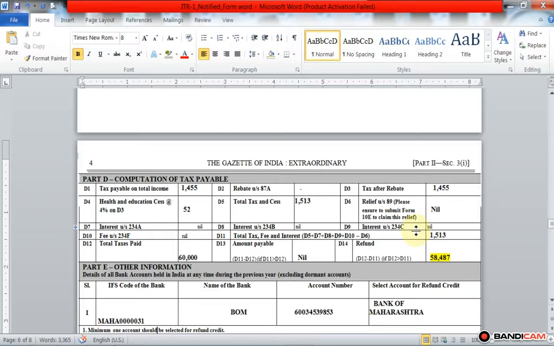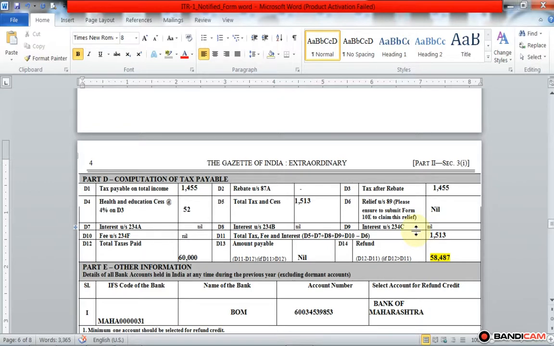Then tax paid by the SEC. During the year the SEC has paid 60,000 of tax. So here he paid excess tax, since his tax liability is not more than 60,000, so the amount payable by the SEC is nil. He did not pay tax in the assessment year because he paid more tax in that year.